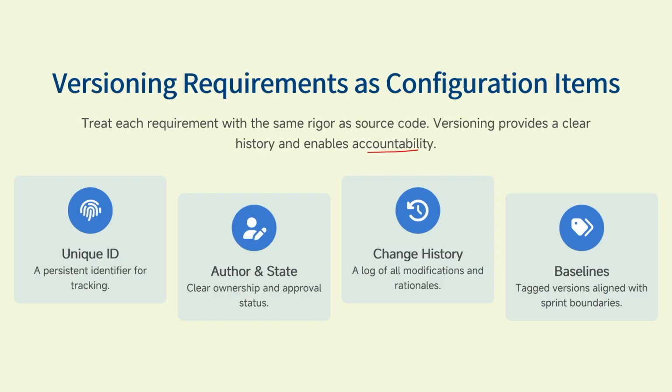There is a set of procedures and authentication with which this is made vital. So versioning will have a unique ID, an identification, probably for tracking, the author, and state, as I said, the accountability, which actually provides clear ownership of who has done the update and what they have changed.